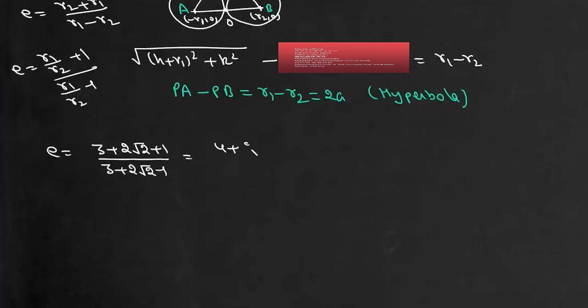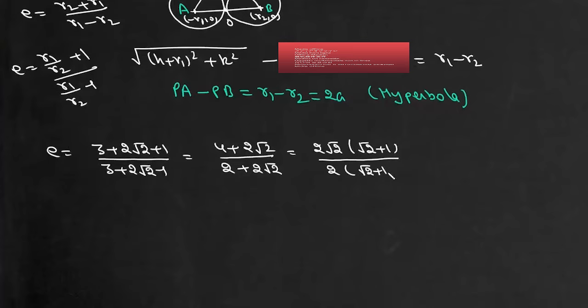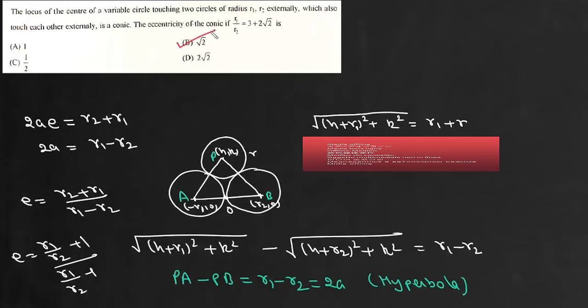So this is 4 plus 2 root 2, and here it is 2 plus 2 root 2. Now here we'll take 2 root 2 common, we'll get root 2 plus 1, and here we'll take 2 common and we'll get root 2 plus 1, so we'll cancel. So eccentricity of this conic, which is a rectangular hyperbola, is under root 2, and that's your option B.